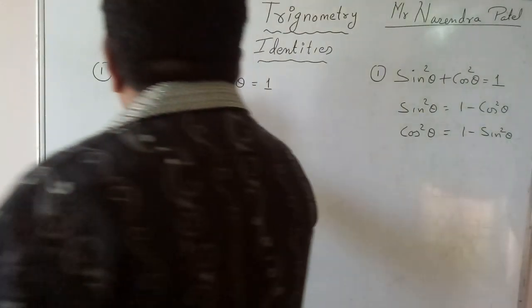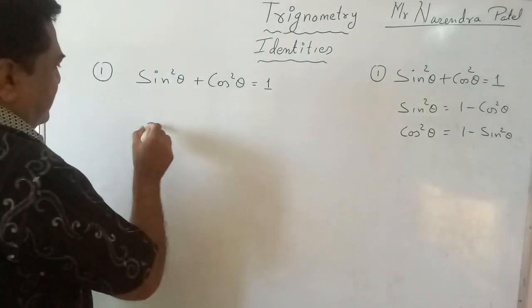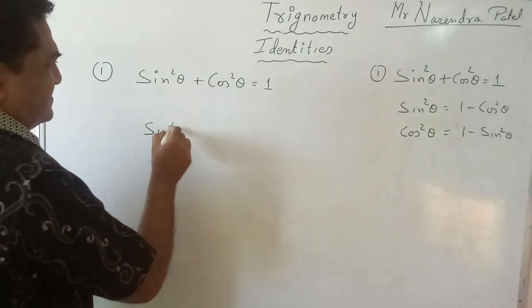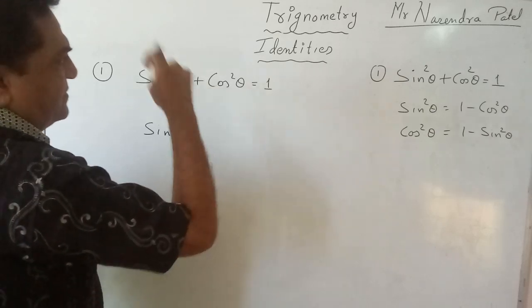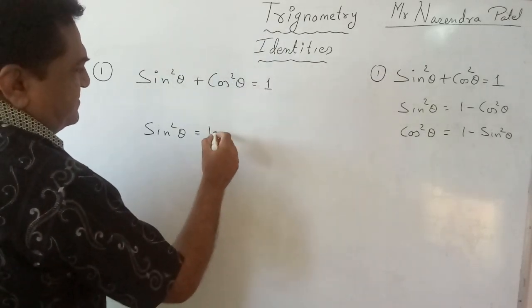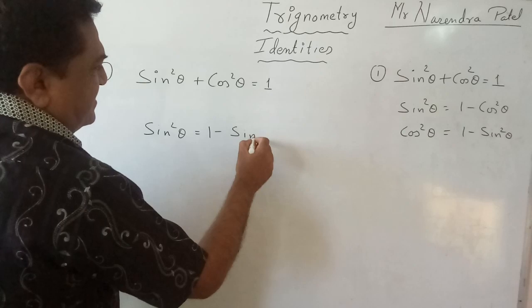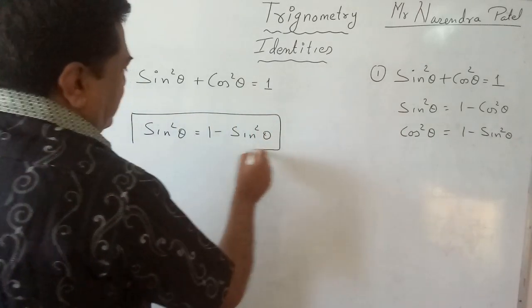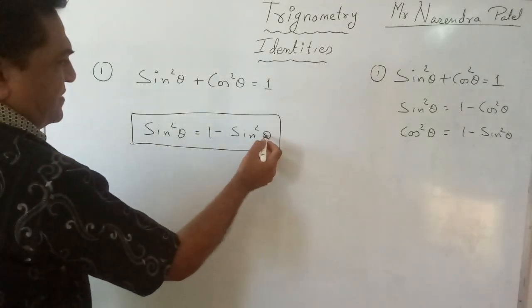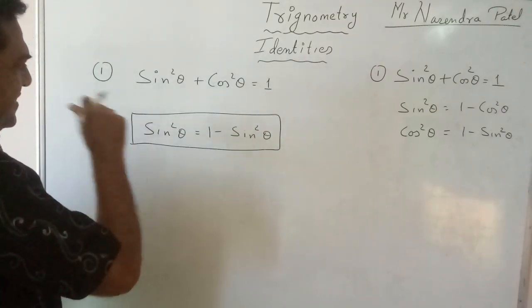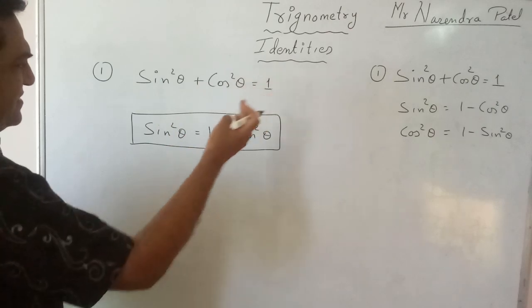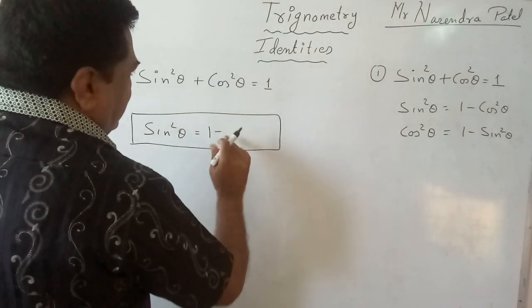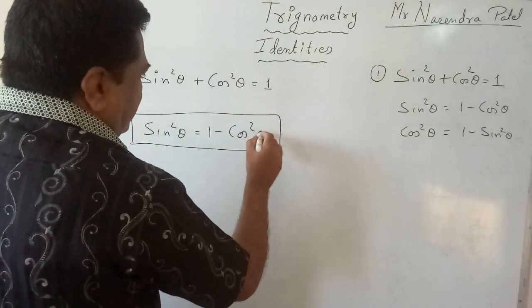Here sin square plus cos square is 1. Sin square theta is equal to, I am taking cos square to that side, so 1 minus cos square theta.